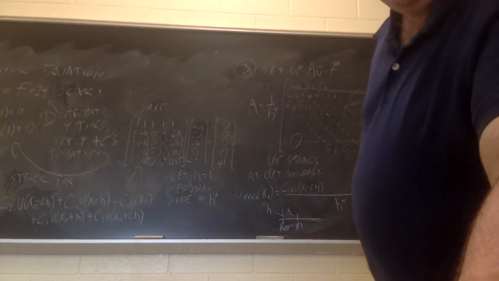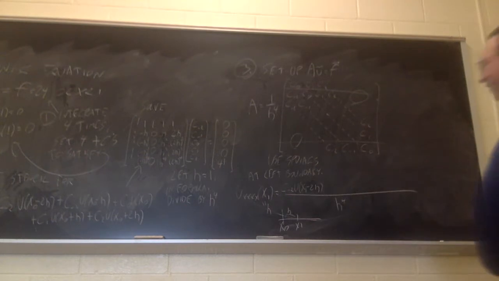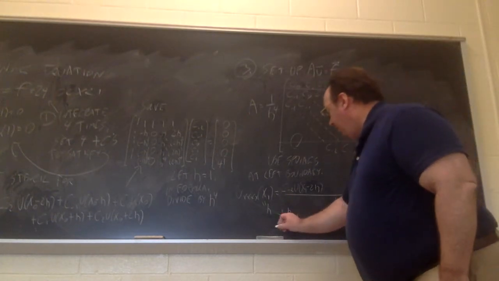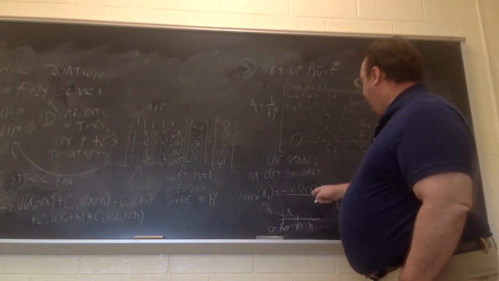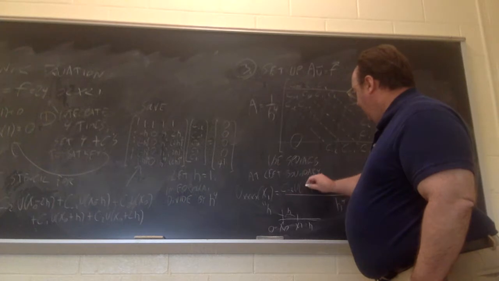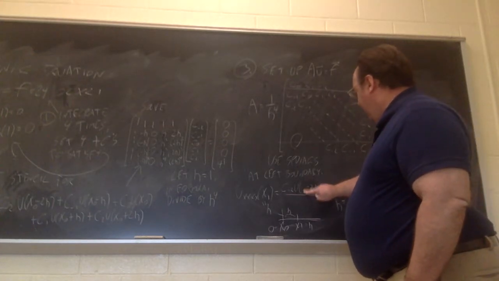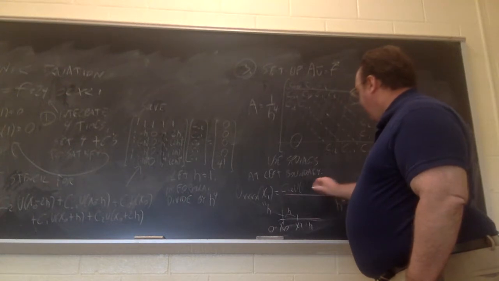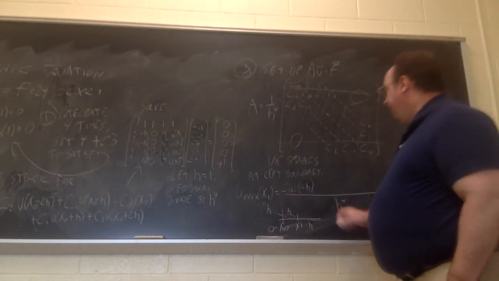So x1 is h, because x0 is 0. So really what goes in here is u at h minus 2h, but really that is minus h.